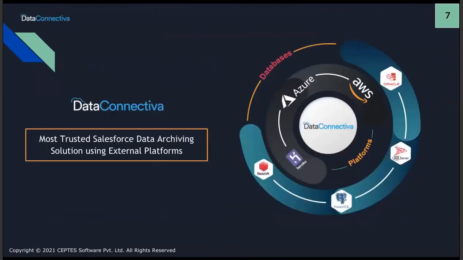Let's talk a little bit in depth about how DataConnectiva is structured. If you look at this diagram, we have multiple platforms and multiple databases, and that is what DataConnectiva supports. You can use Azure, AWS, Heroku, or on-prem solutions with DataConnectiva, in any combination.